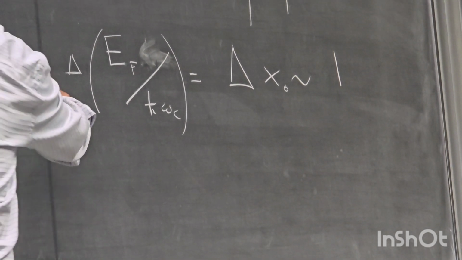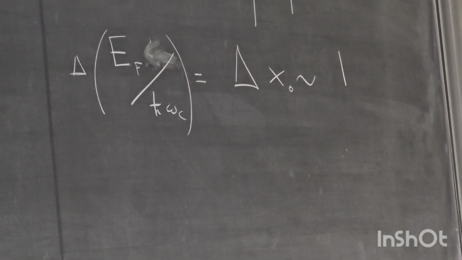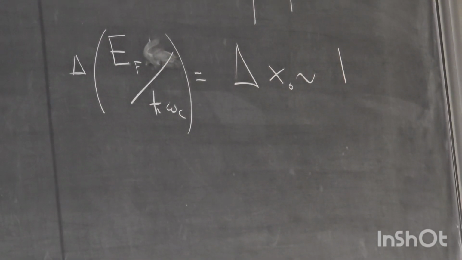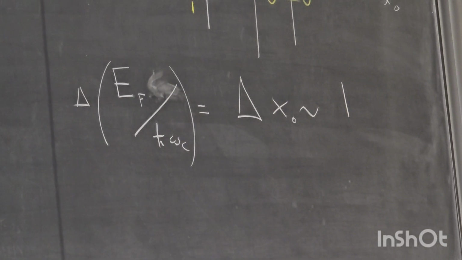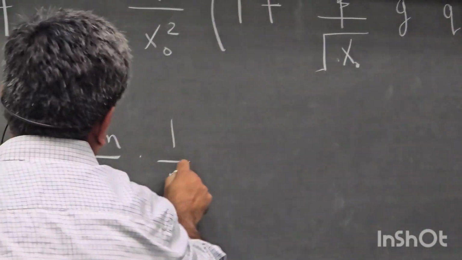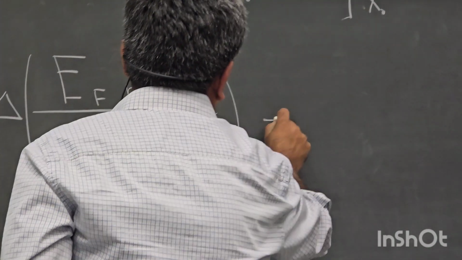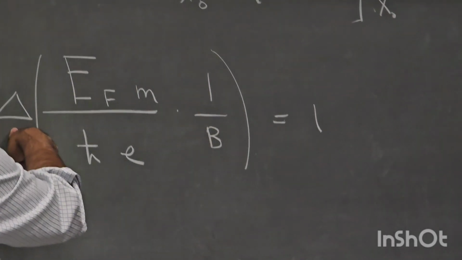So I can also write EF over h bar omega c as, if my EF is constant, h bar e over m B. This is the period of this function is 1. This represents the period.